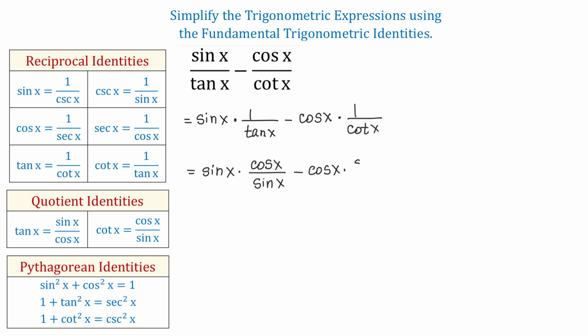So we will multiply by sine of x over cosine of x. Now, once we have everything in terms of sine and cosine, we will cancel sine of x and cosine of x. And the simplified expression will be cosine of x minus sine of x.